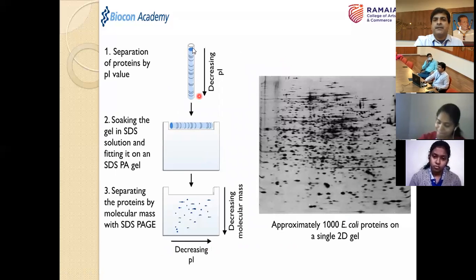As I said, this is the first dimension gel you have got, and from these tubes there is a method to extract the tube gels, and these gels are placed on flatbed gel plates, which are notched plates, and you can put hot agar here so that continuation with the second dimension gel is made.